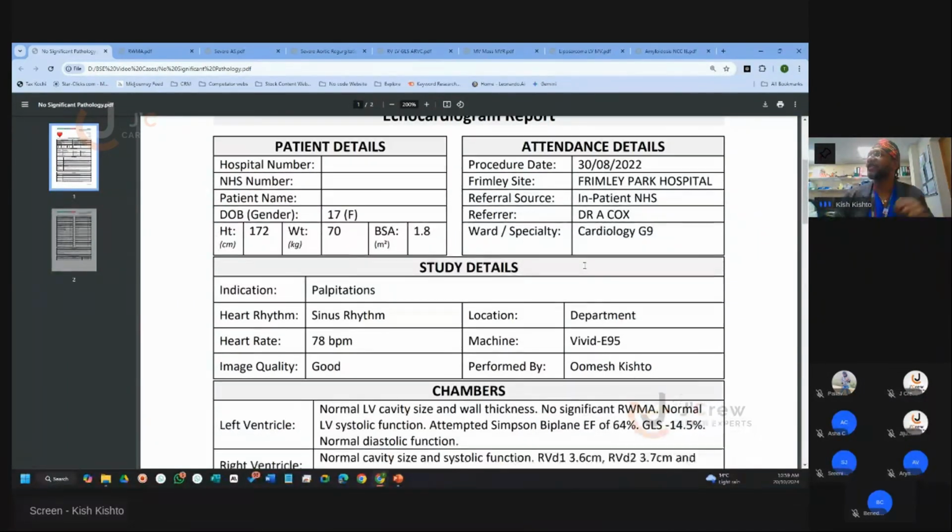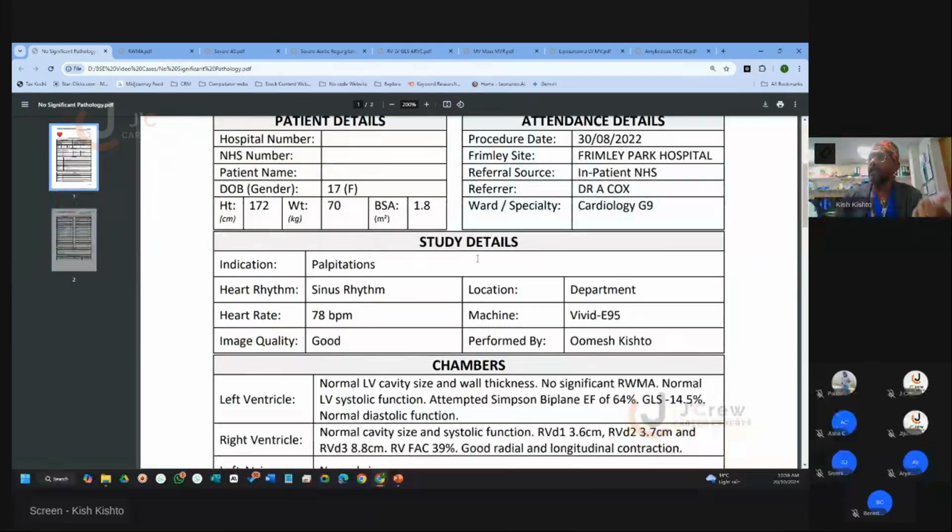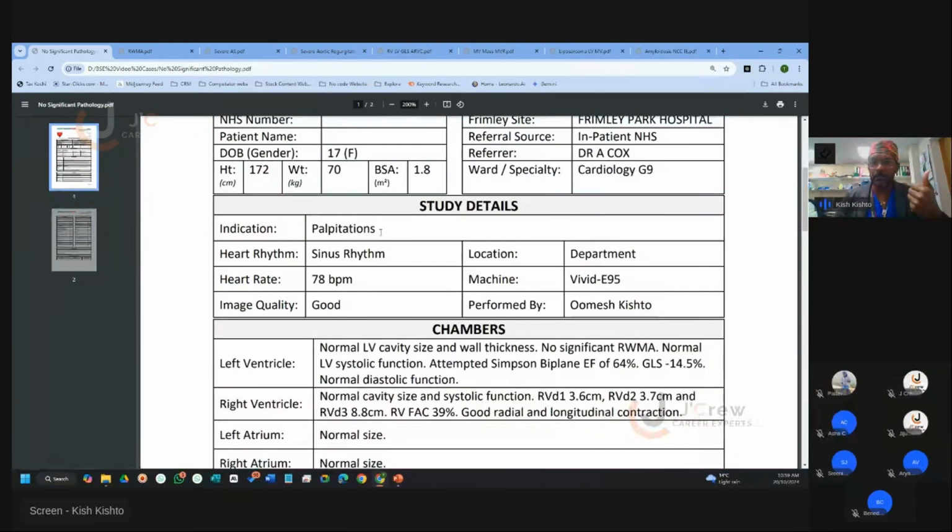All right, this is a normal study which I did, the video that I showed you earlier. The patient is in sinus rhythm. Always make sure you document all your height and weight and the BSA, because you will need this measurement for your index measurements. Indication: always make sure why you're scanning the patient.